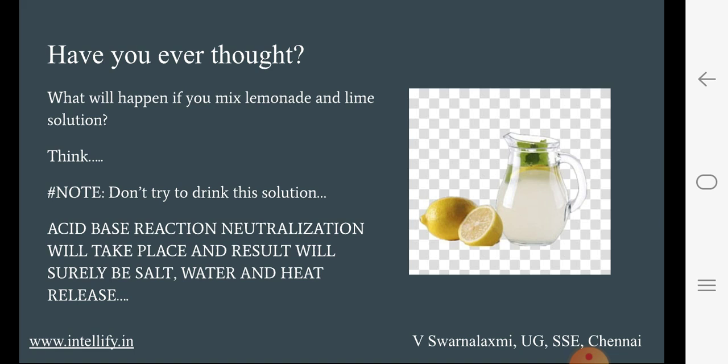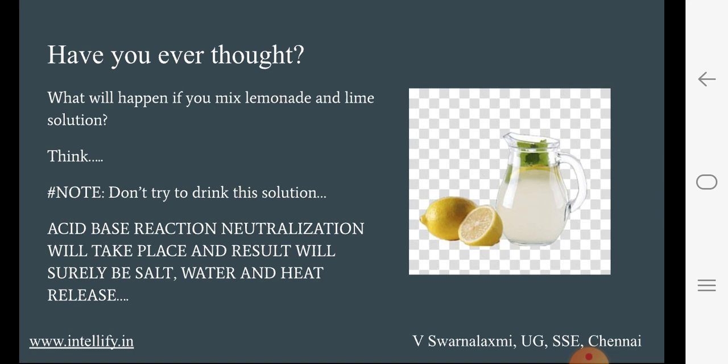What is lemonade? If you recall the first video lecture of this unit, I told you lemonade is acidic in nature, whereas lime juice or lime water is basic in nature, because lime water is nothing other than calcium oxide. So this is also a reaction of an acid and a base, lemonade reacting with lime solution. Hashtag note: don't try to drink this solution because I don't know what would be the cause of drinking it.